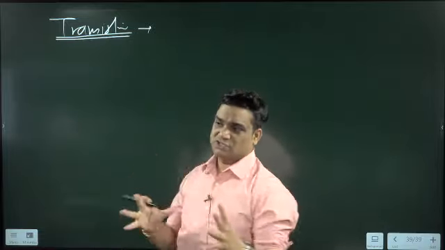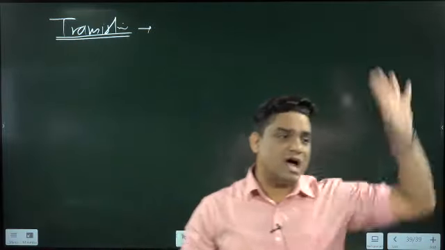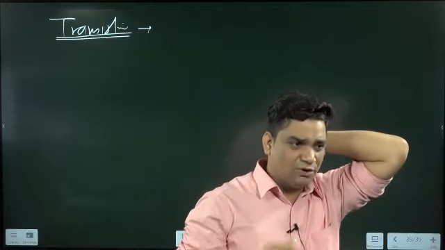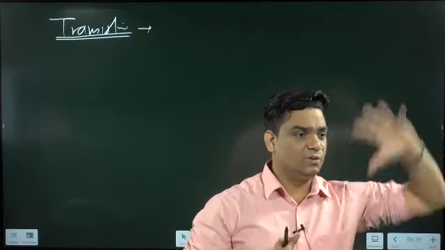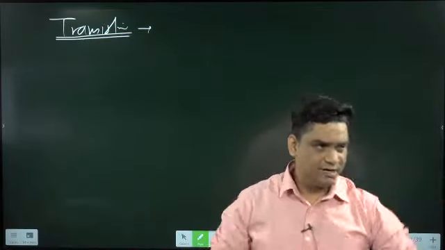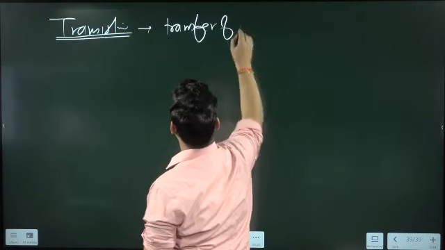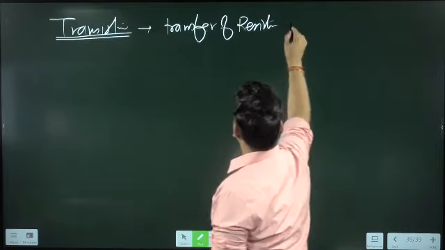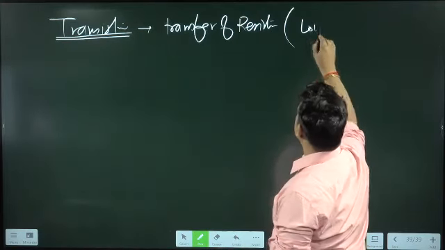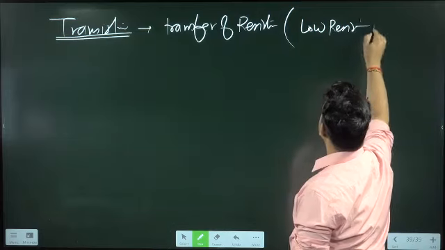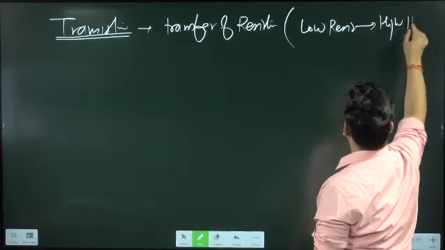We transfer our current from lower resistance to higher resistance. You will get to know why this is lower resistance to higher resistance. Transfer of resistor means basically current is flowing from low resistance to high resistance.